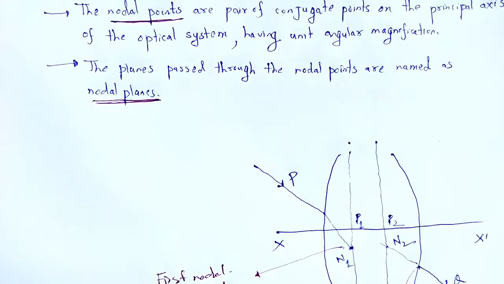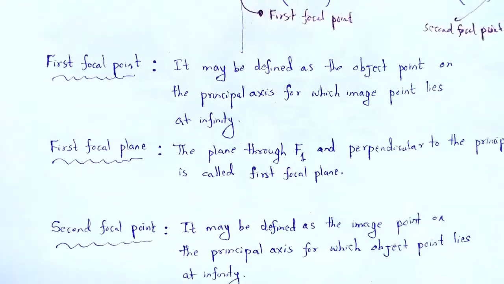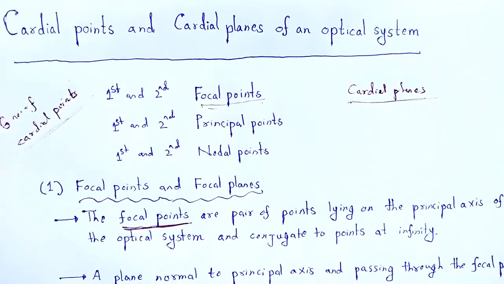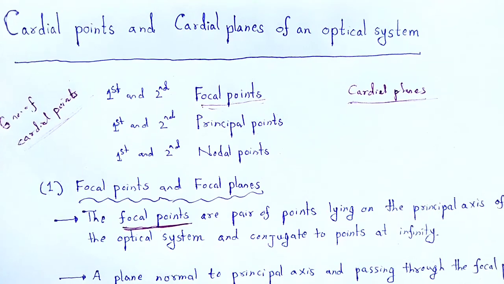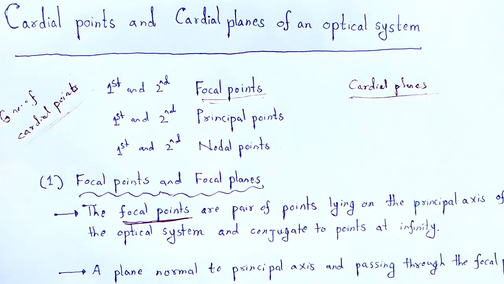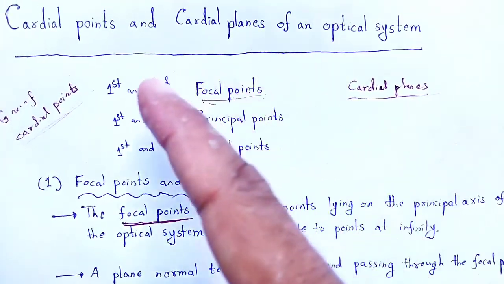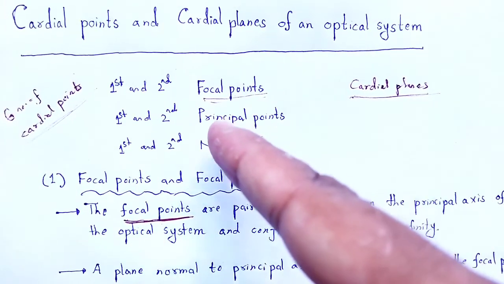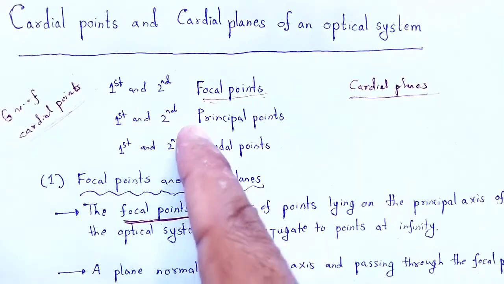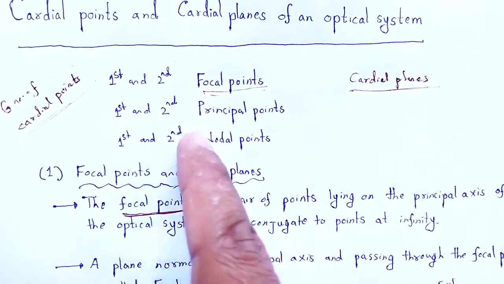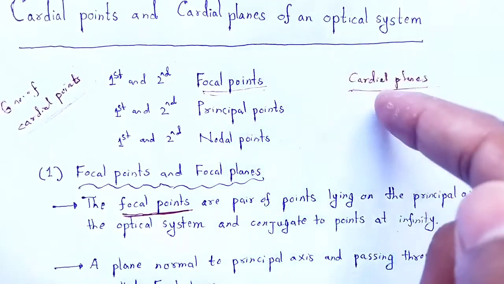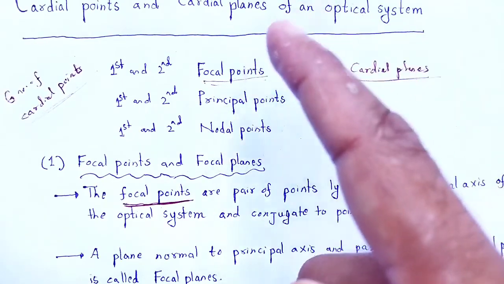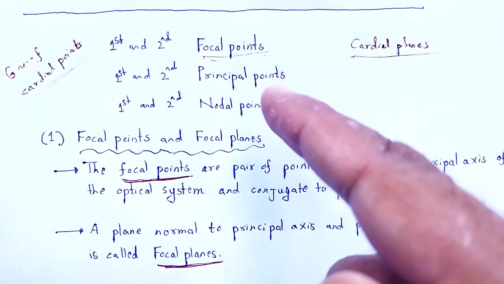So, with the help of this video lecture, you understand the cardinal points and cardinal planes of an optical system. Six cardinal points, in conjugate form: first and second focal points, first and second principal points, and first and second nodal points. The planes passing through these cardinal points are named cardinal planes according to their cardinal points.